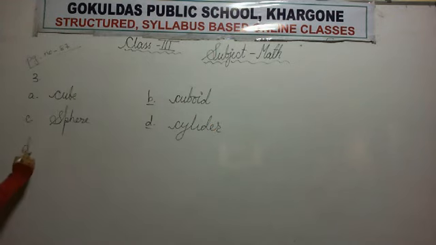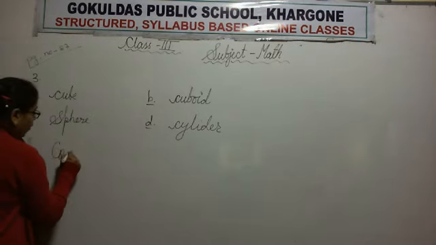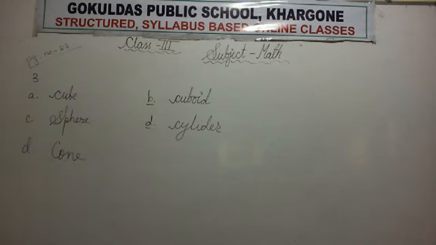Now the next one is cap kind of something, birthday cap kind of something. So it is cone in shape. So the answer for A is cube, B is cuboid, C is sphere, D is cylinder and E is cone. So note down this much, students.